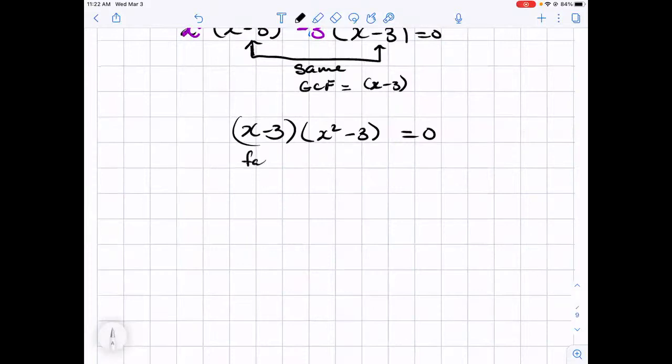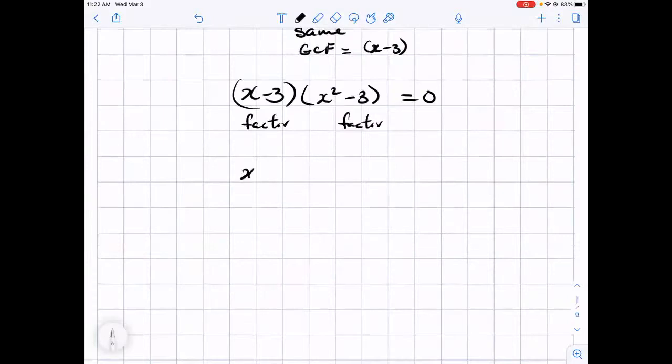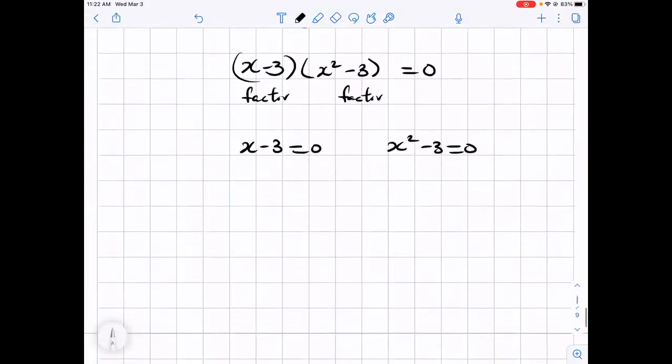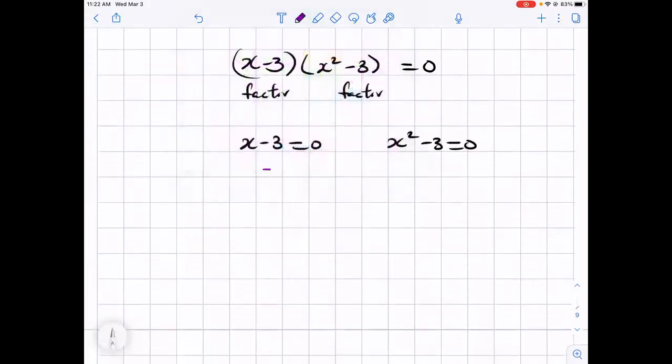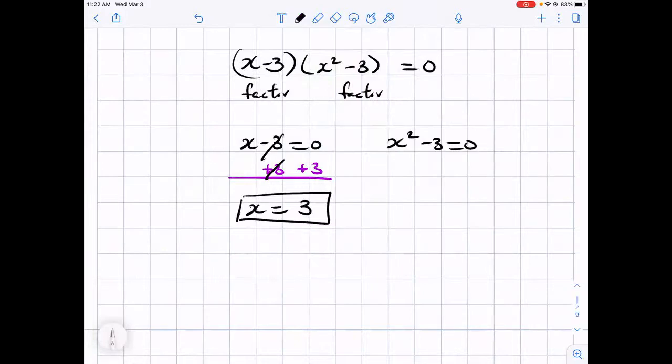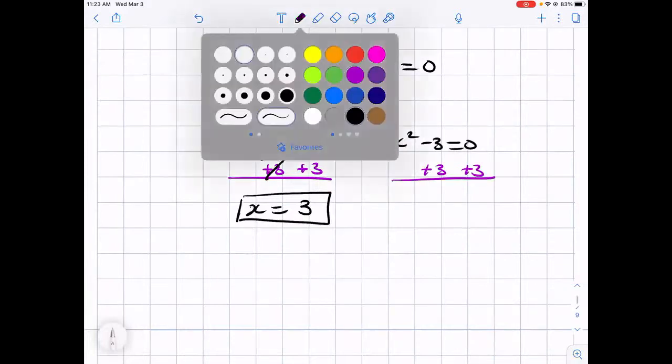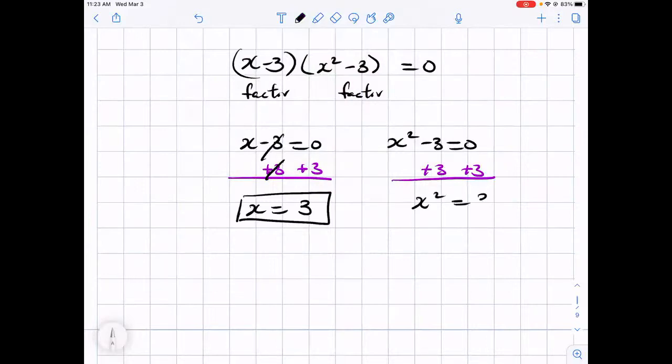Notice now, this is a factor, and this is also a factor. As I said before, take each factor and set them equal to 0. Here we can add 3, and what is left is x is equal to, the minus 3 and the plus 3 cancel, so x is equal to 3. On the other part, I will also add 3, and we have x squared is equal to 3.